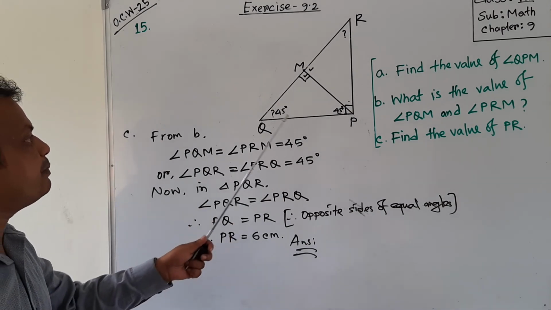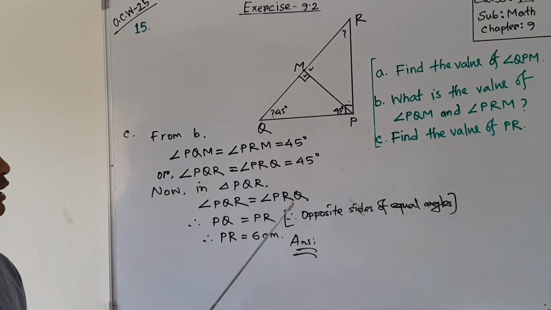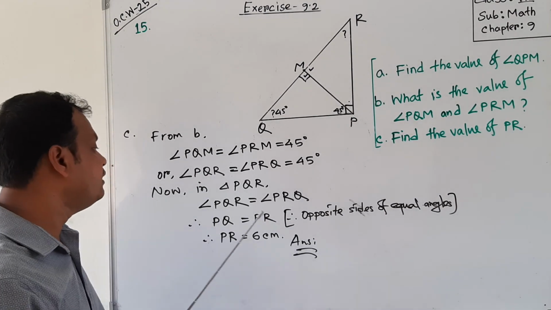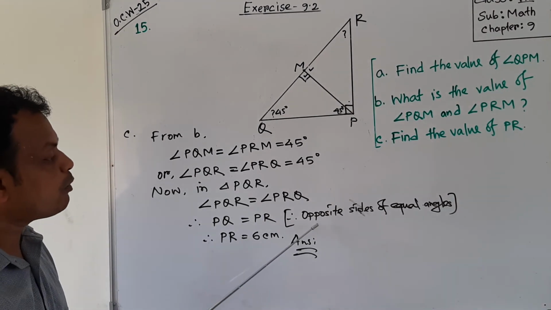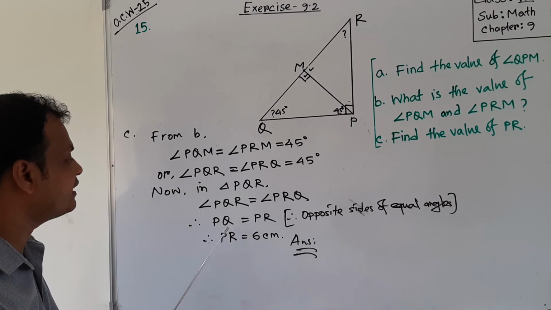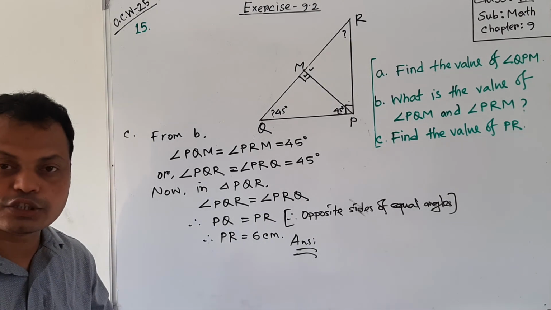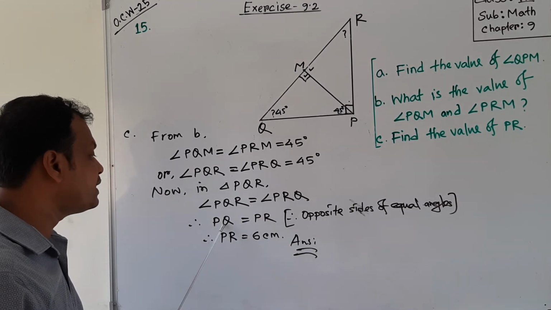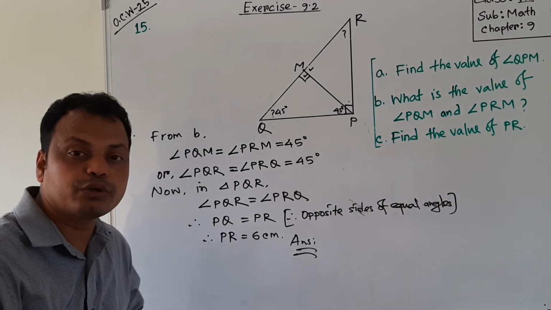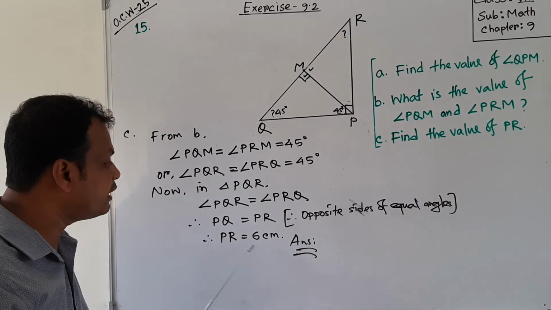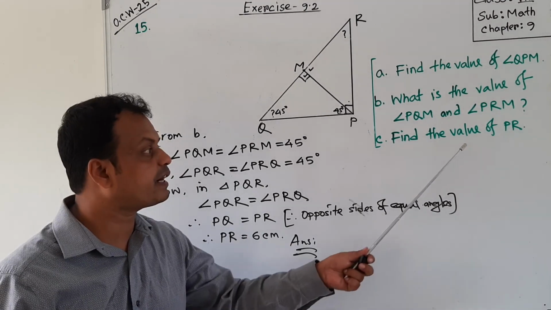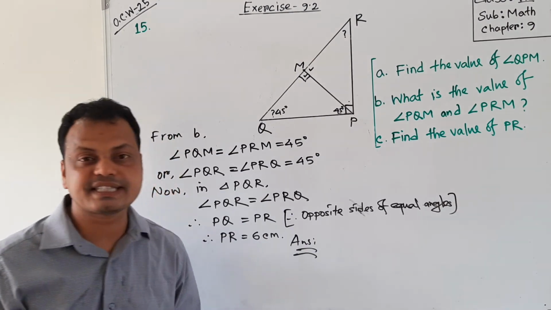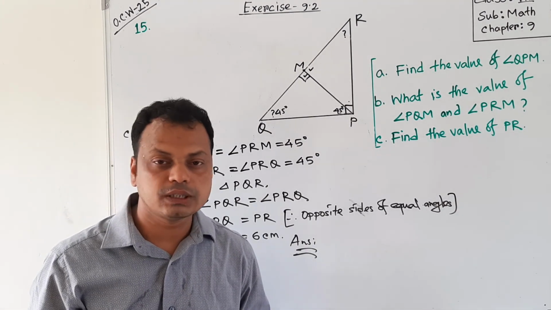Now in triangle PQR we have two equal angles, so the sides opposite the equal angles are also equal. So PQ equals PR. As PQ equals 6 cm, PR also will be 6 cm. So the answer will be 6 cm. I think all of you have understood.